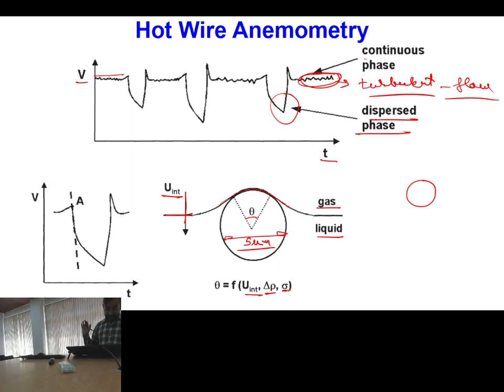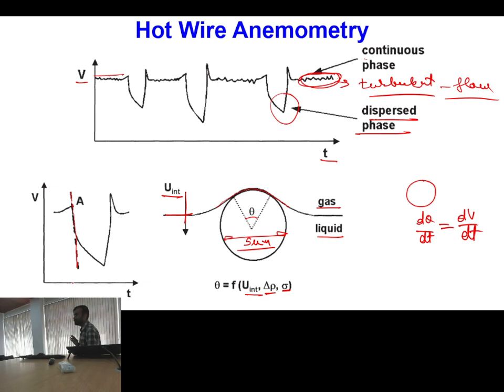Typically this is your voltage signal, and the slope of the voltage signal is equal to d theta by dt. So the rate at which your interface will be angularly wrapping the probe is equal to the slope of the voltage signal once it has started changing immediately at this location.